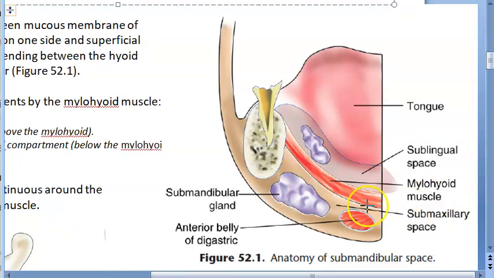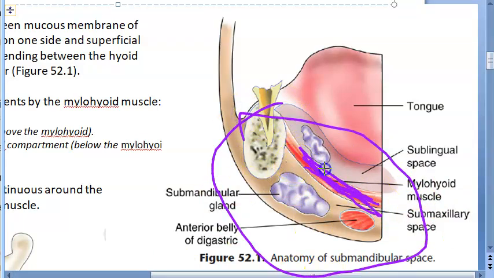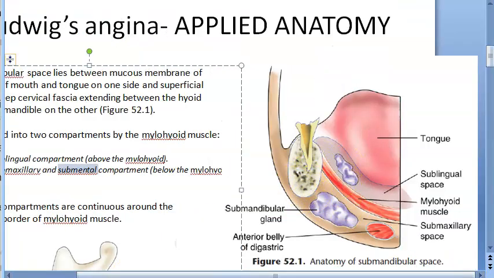So the submandibular space, what is happening? There's a mylohyoid muscle which they are showing here. The entire submandibular space is divided into two because of this mylohyoid muscle. Up you have the sublingual space and down you have the submaxillary space and the submental space. Submental and submaxillary compartments are below the mylohyoid muscle.